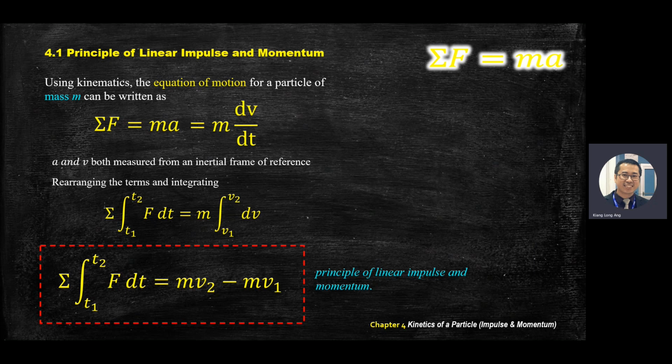So if the question asks you to use the principle of impulse and momentum, it means it asks you about momentum, or you write it in integration. There is a summation there, meaning the summation of all the forces with the time.